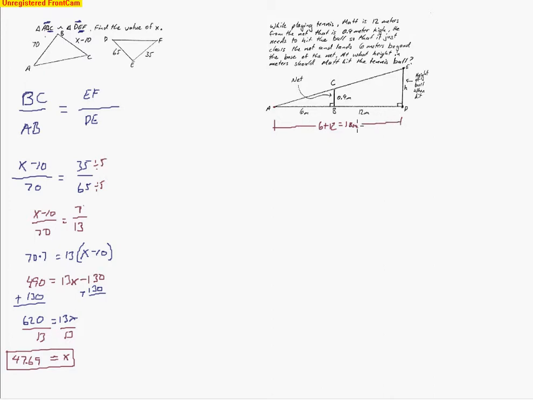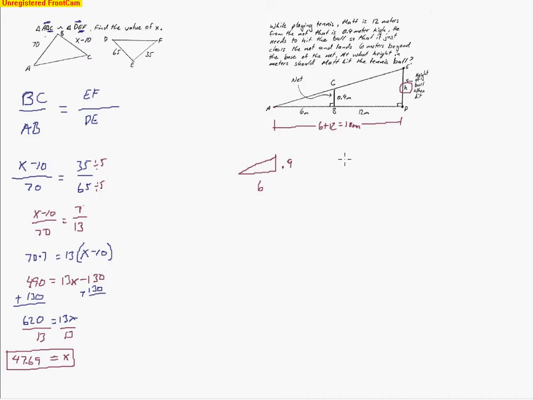So 18 meters is the total distance he's going to want to hit the ball prior to it landing on the ground. Now what we want to find out is how high up he must hit the ball. How high in the air must the ball end up being? That's what this H stands for right here. So what we're going to do is come up with a similar triangle. We've got this one triangle, and it is 6 meters by 0.9.